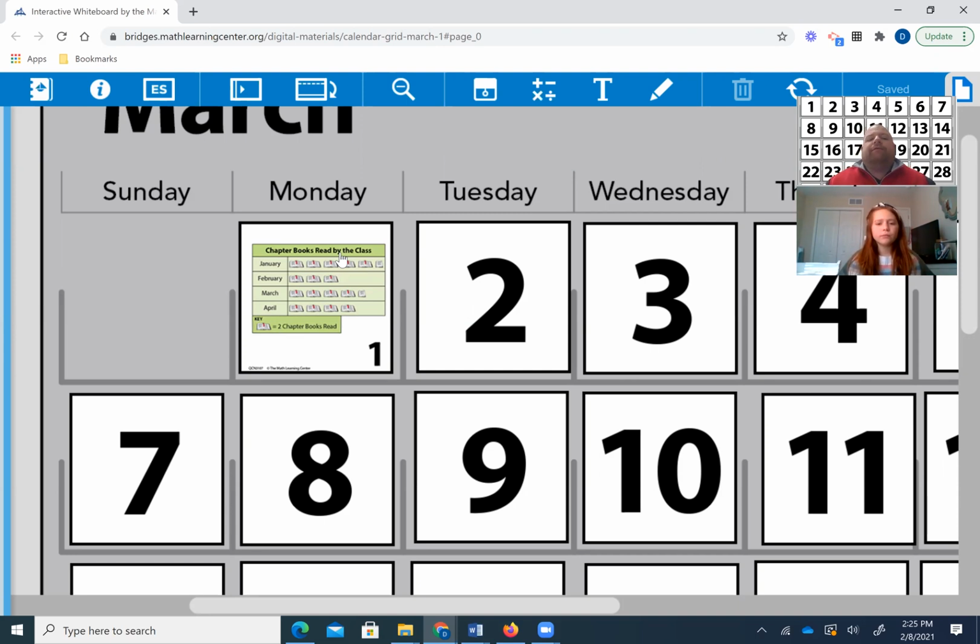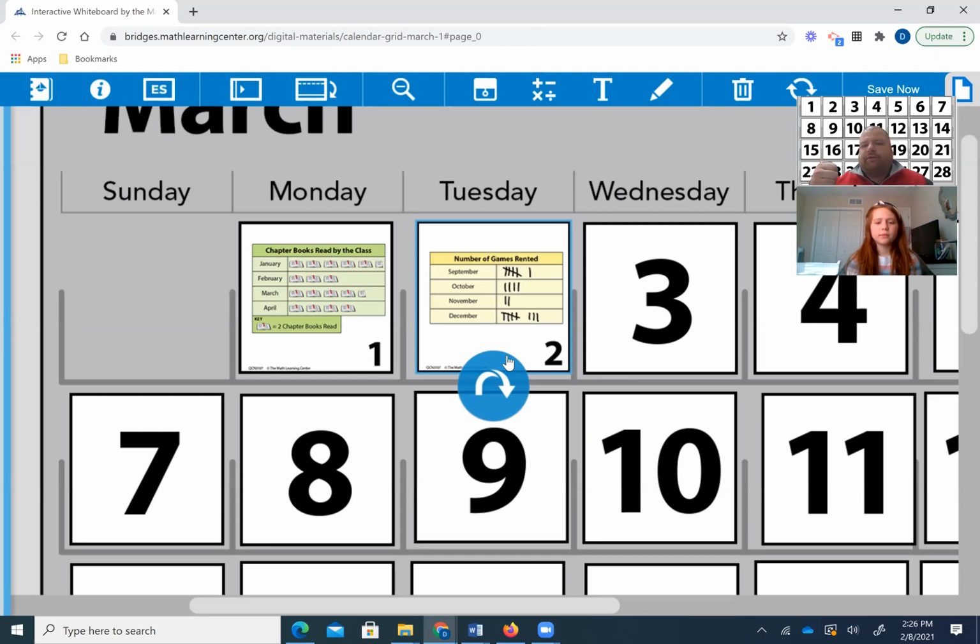So if day one was a pictograph, what do you think day two is going to be? Maybe a graph. Is it going to be another pictograph or a different kind of graph? I think a pictograph. Okay, let's take a look. Again, give me a thumbs up when you see the card flip.